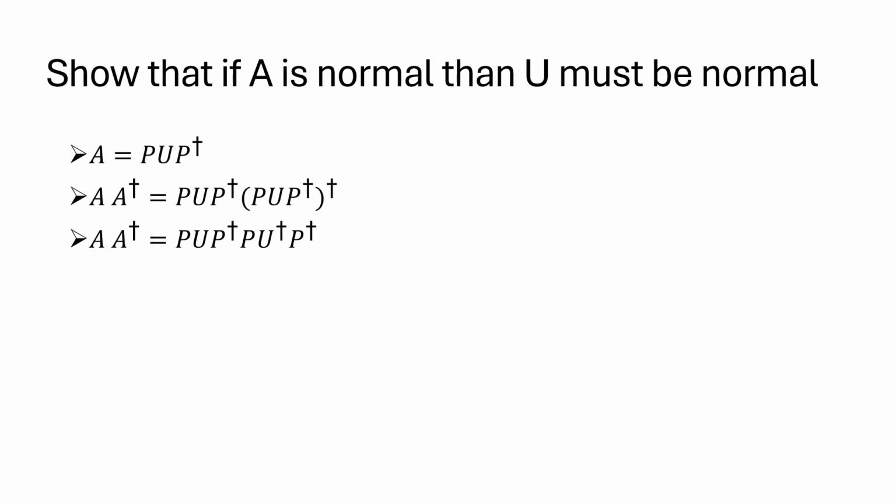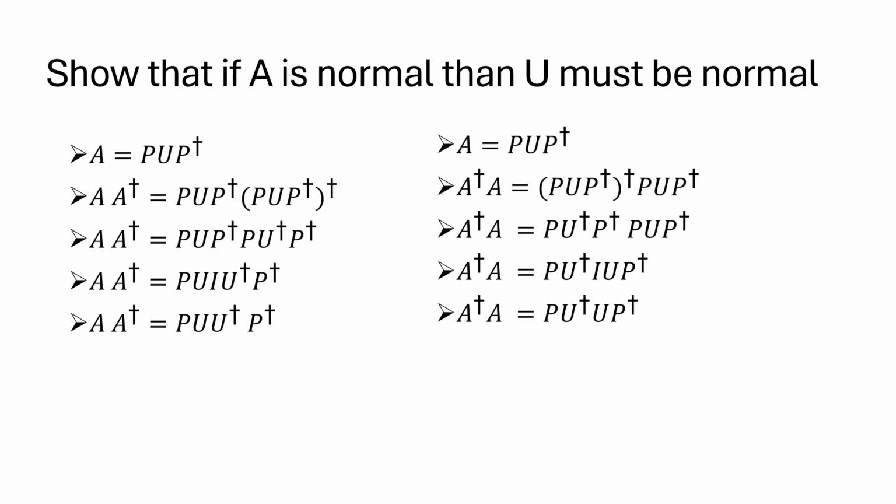I'll look into the other scenario after, but right now, if we do this and keep simplifying it, we're left with the final matrix here, right? And we can do it in a different order. So if we take the Schur factorization again here, but this time, instead of multiplying the matrix on the right, we multiply the matrix on the left. And if we do that, then we get something like this after simplification, right?